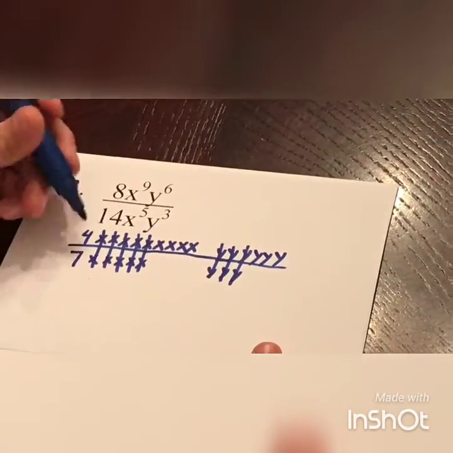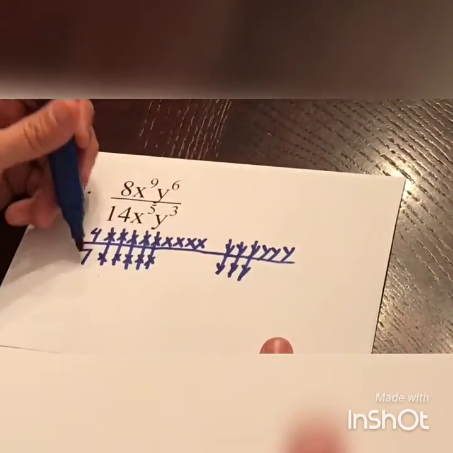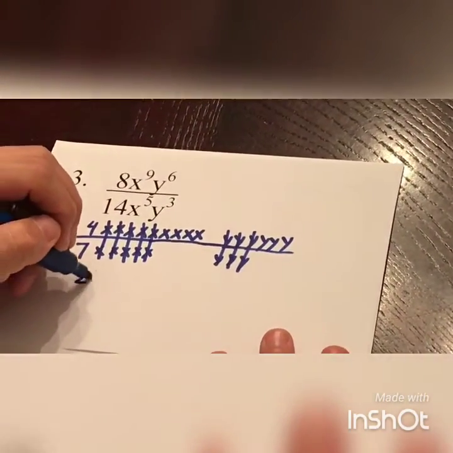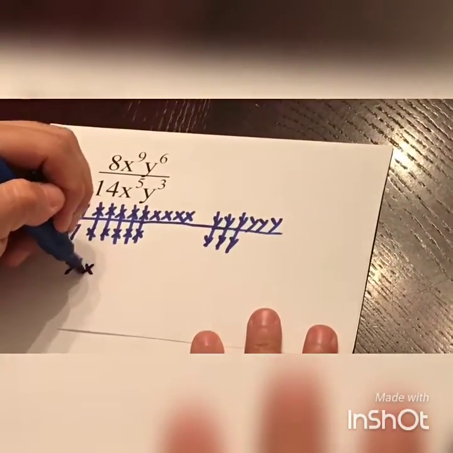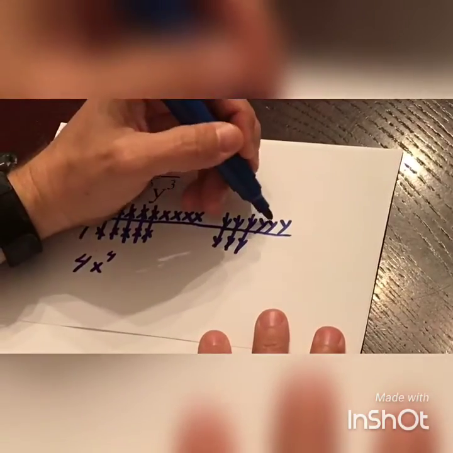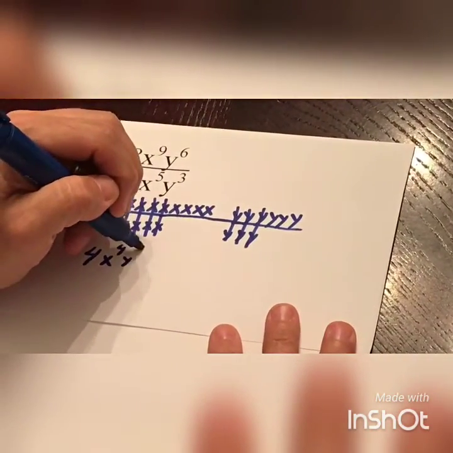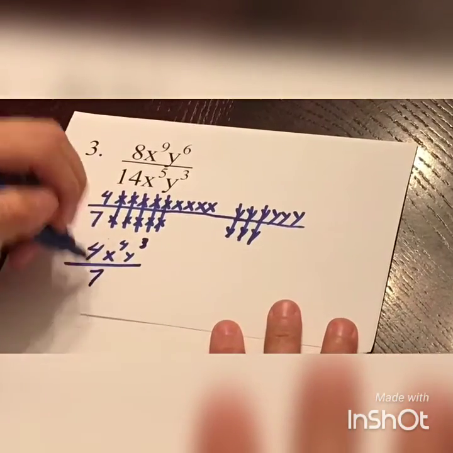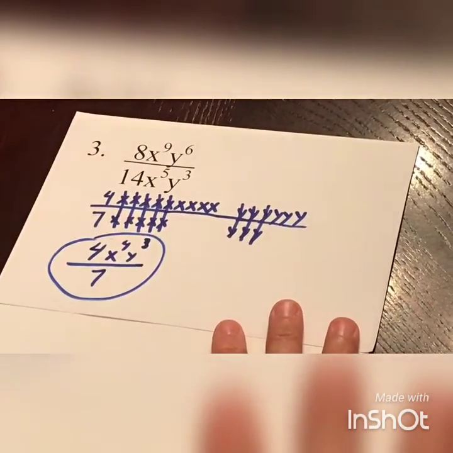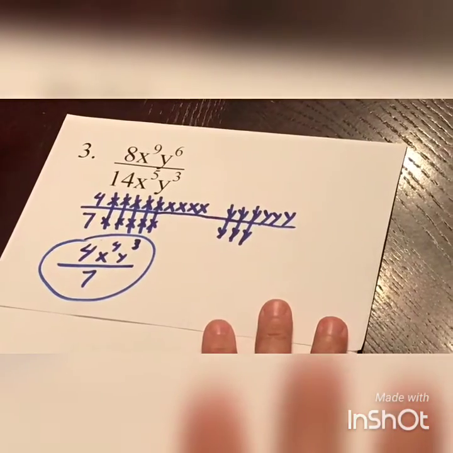Again, notice this time the only thing we have on the bottom is the number 7. 4 on top. 1, 2, 3, 4 X's. So X to the 4th. 1, 2, 3 Y's. Y to the 3rd. All of that over just a 7 on the bottom, and there is our final answer for number 3.